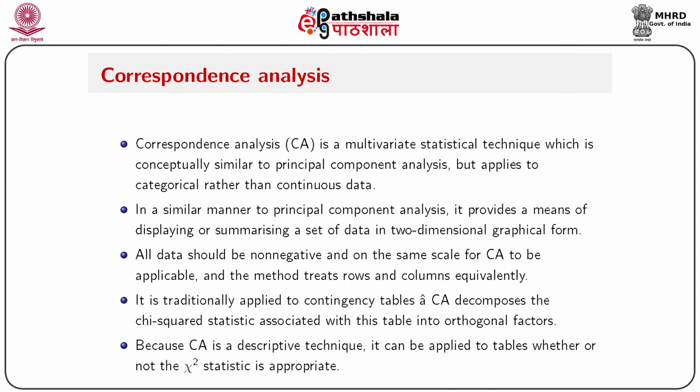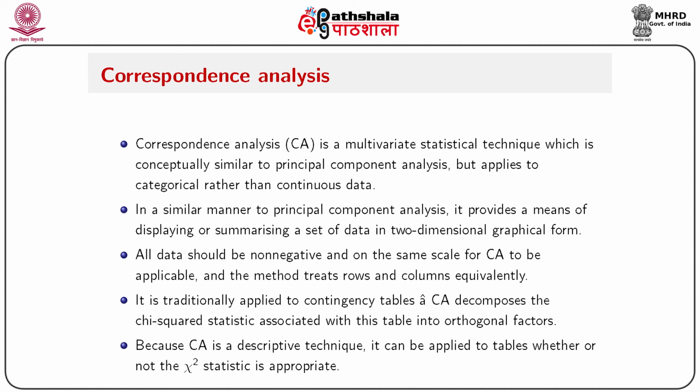Next, perhaps the last one, is the correspondence analysis. The correspondence analysis, CA, is a multivariate statistical technique which is conceptually similar to principal component analysis but applies to categorical rather than continuous data. In a similar manner to principal component analysis, it provides a means of displaying or summarizing a set of data in 2-dimensional graphical form.